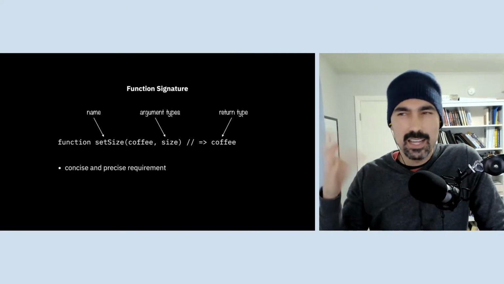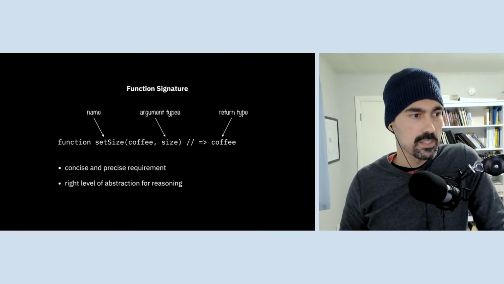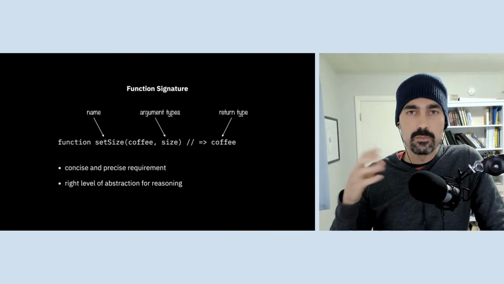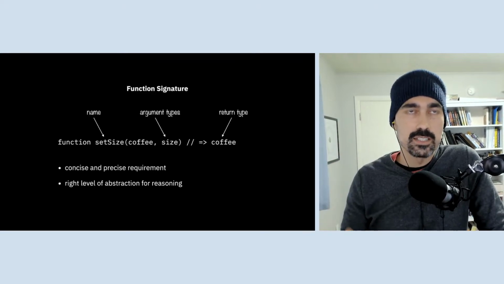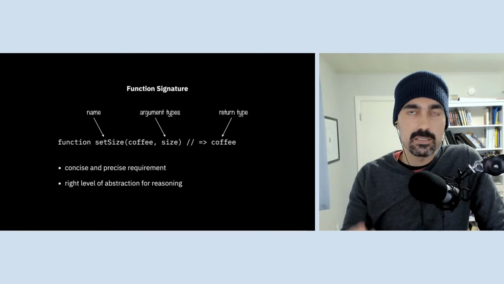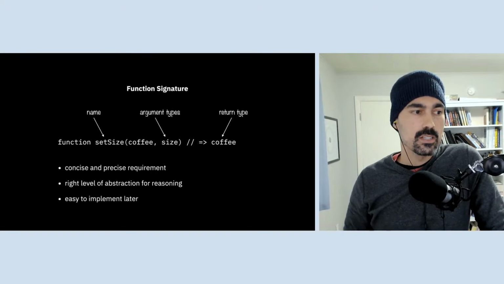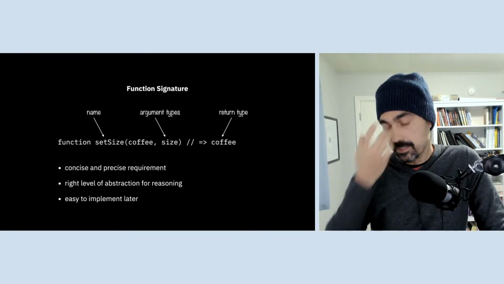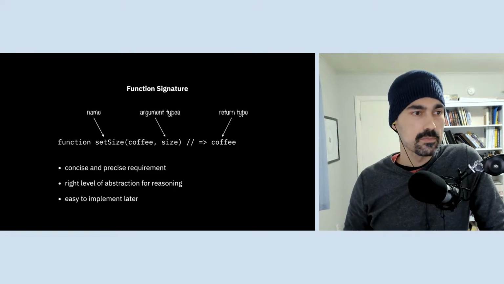But because it's set size, you know what it means. It's the right level of abstraction for reasoning. We don't want to start reasoning about the implementation yet, but we also want some token that's a step towards implementation. Right, and we can easily implement this later. Very, very easy to see how to do that.